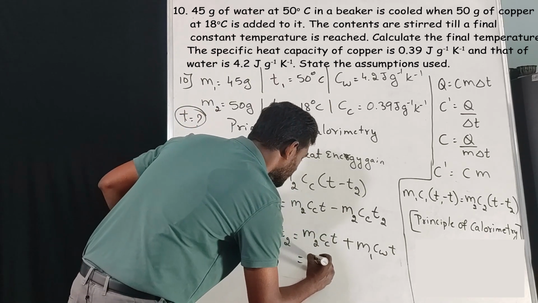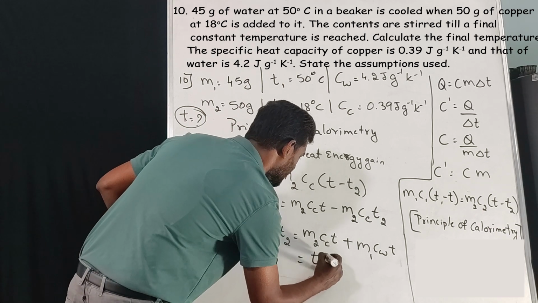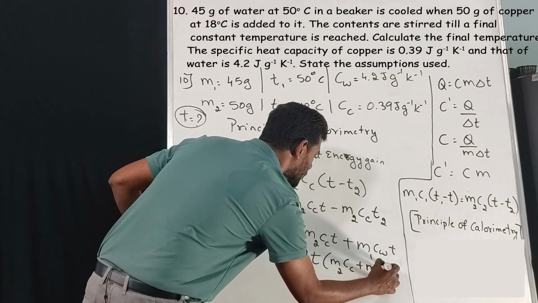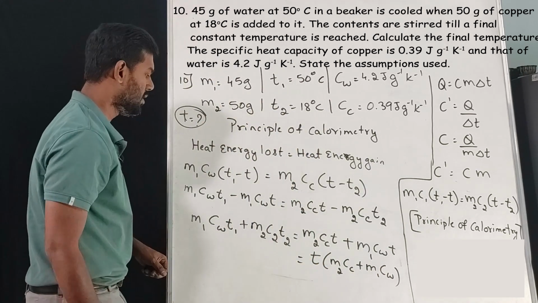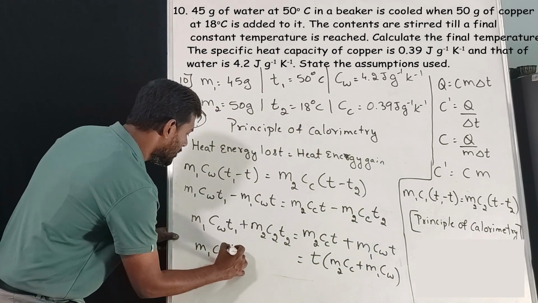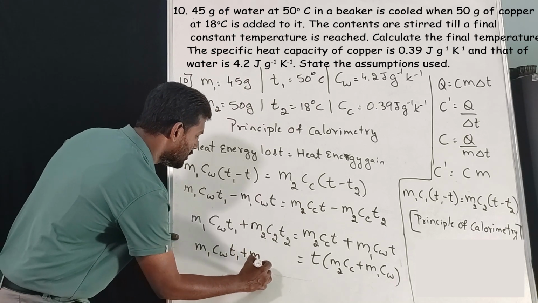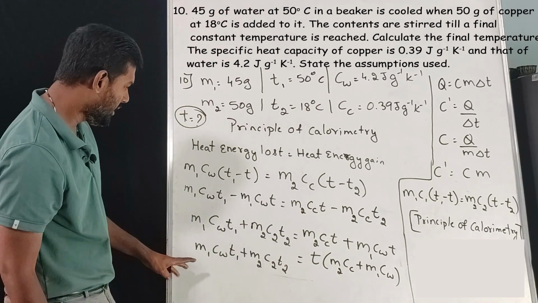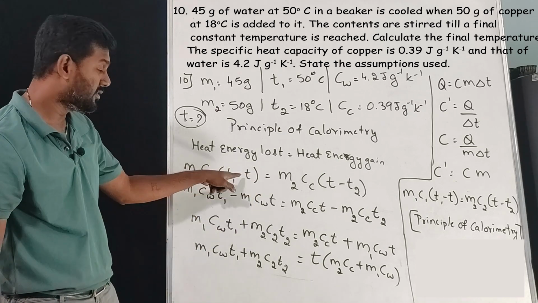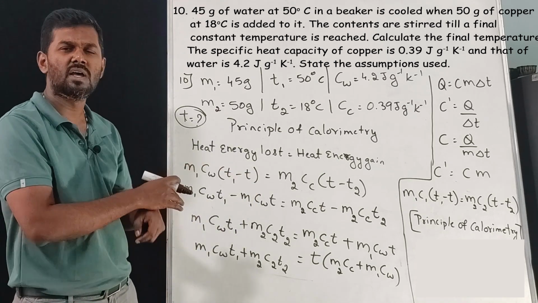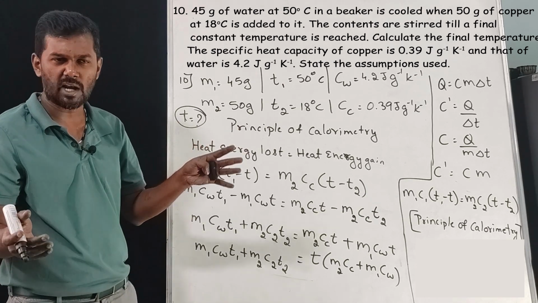So this is nothing but T is equal to M1 CW T1 plus M2 CC T2 divided by M2 CC plus M1 CW, correct? Now here see, if they ask, these kind of questions will be rarely asked because this requires more than 10 steps, right?